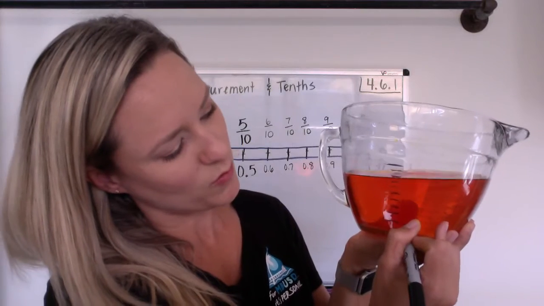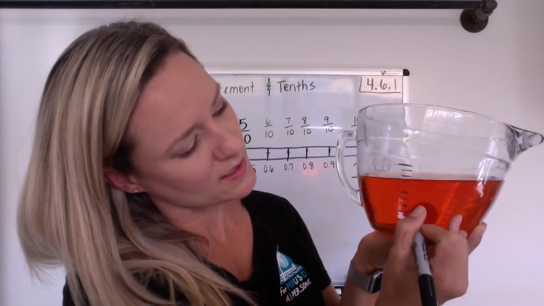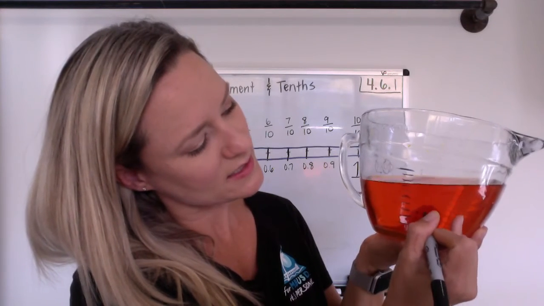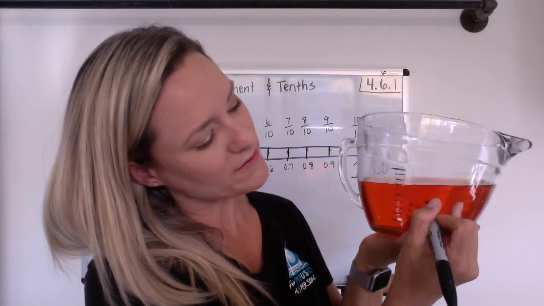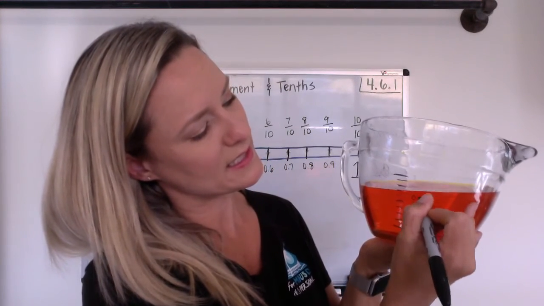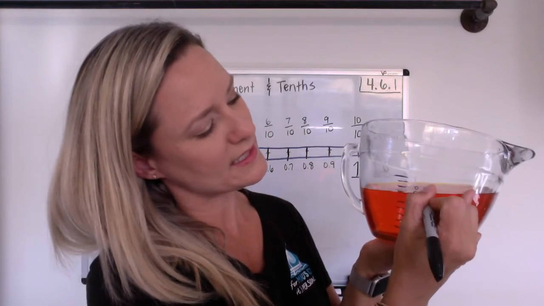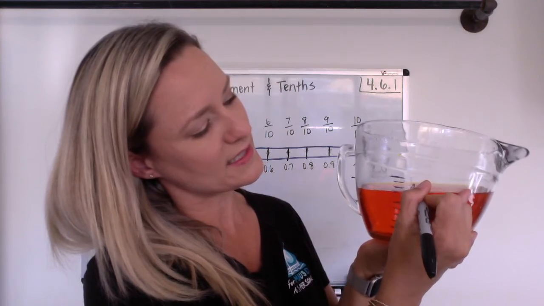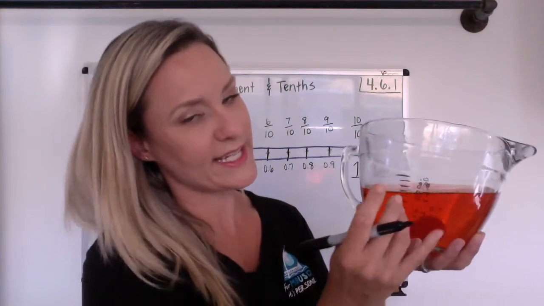So this is 1/10, 2/10, 3/10, 4/10, 5/10, which is the same as a half, 6/10, 7/10, 8/10, 9/10. Oops, wrote that backwards. And 1.0, otherwise known as 1.